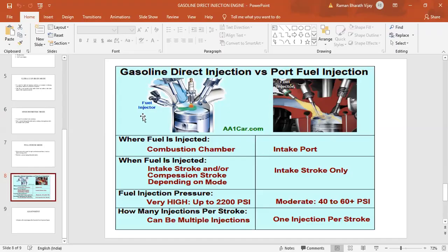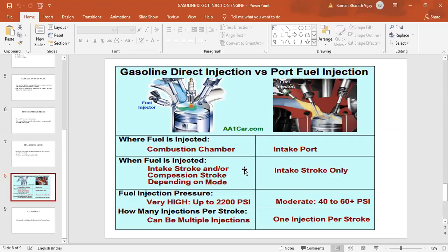In gasoline direct injection, when the fuel is injected depends upon the mode, whereas in port fuel injection, fuel is injected during the intake stroke only. Here in GDI, fuel is injected in the combustion chamber, whereas in port fuel injection it is at the intake port. This is the difference.